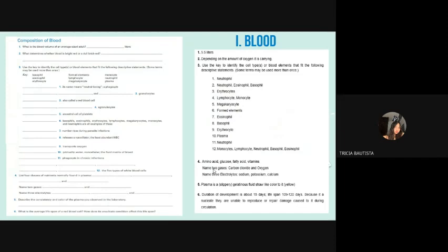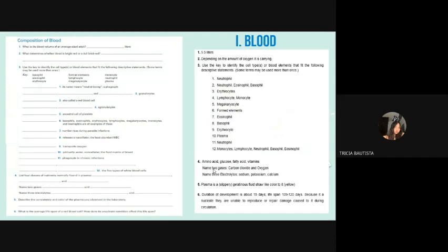Number 3, also called a red blood cell. It is the erythrocytes. Number 4, agranulocytes. These are the lymphocyte and monocyte. Number 5, ancestral cell of platelets, which is megakaryocyte.